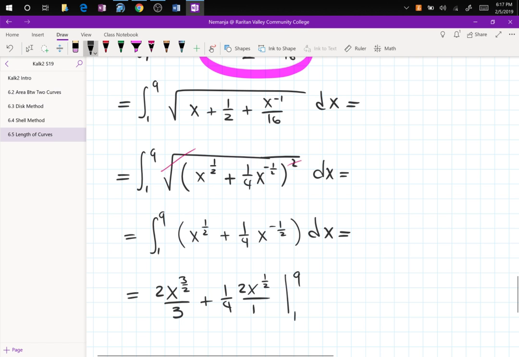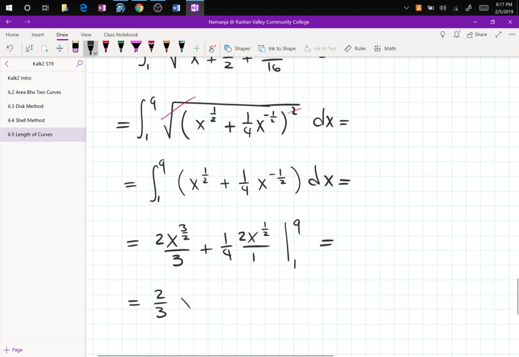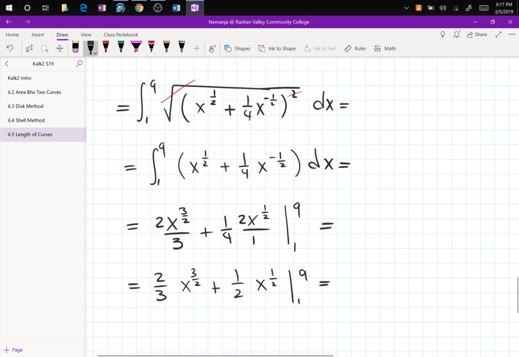Computed from 1 to 9. This gives us 2/3 of x to the 3/2 plus 1/2 x to the 1/2 computed from 1 to 9.